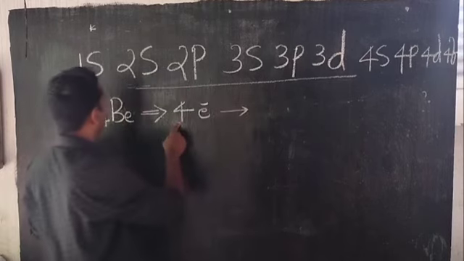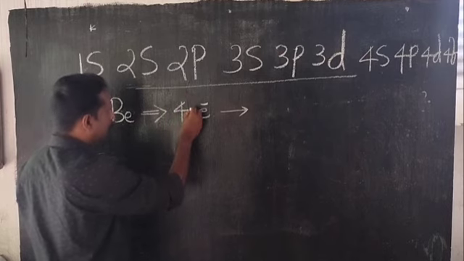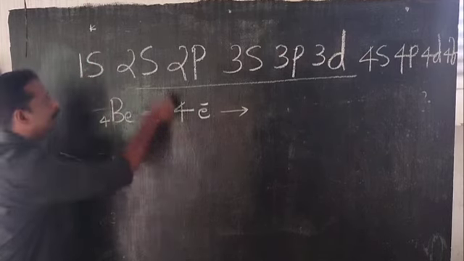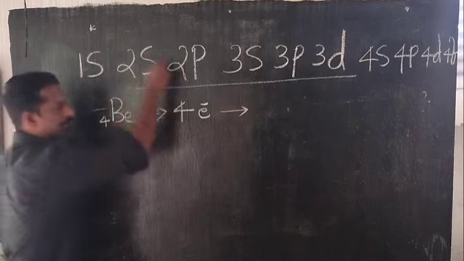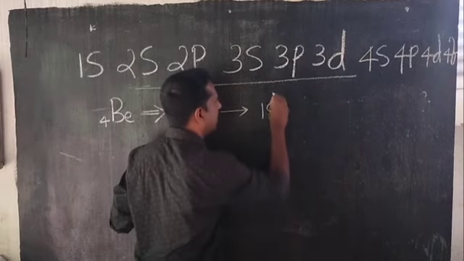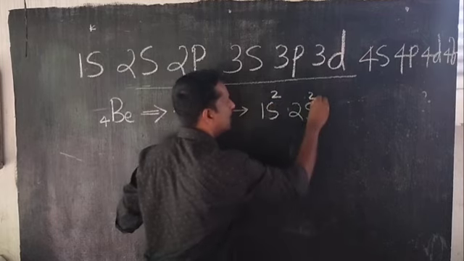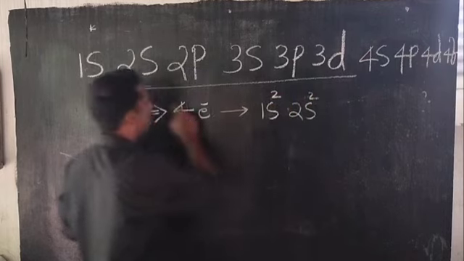How is the electronic configuration? There are 4 electrons, 2 electrons will go to the first subshell 1s, and the remaining 2 will go to the second subshell 2s. So you are getting the electronic configuration like this: 1s2, 2s2. Total 2 plus 2, 4.